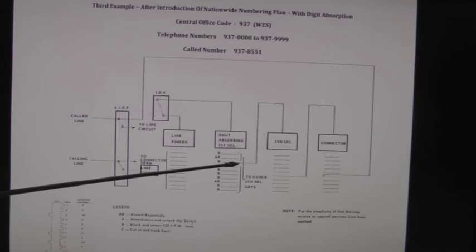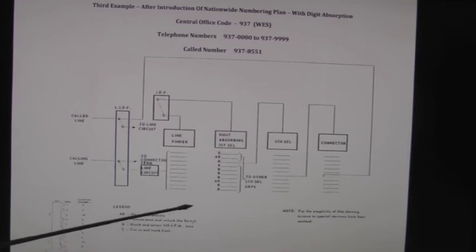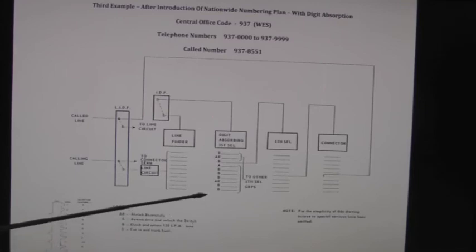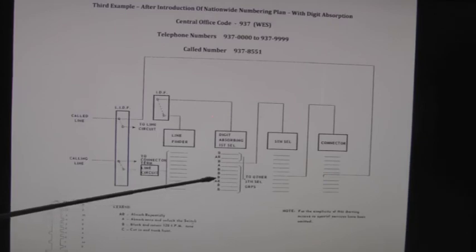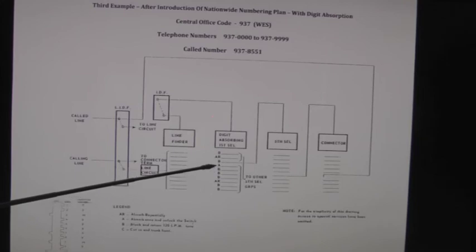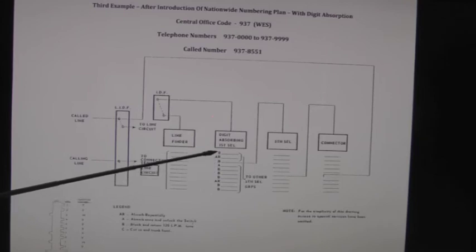So the customer hears that tone and knows at that point that his call cannot be completed as dialed. So this would be the case for any of these thousands digits: 1, 2, 4, 5, 6, 8, and 0. Any of those thousands digits dialed as a first digit would get blocked.